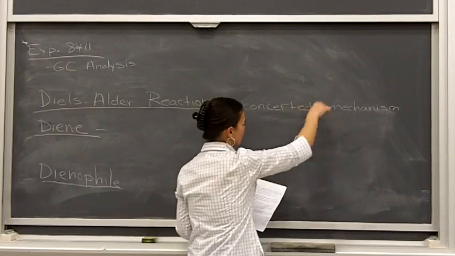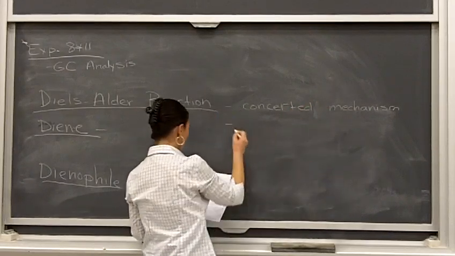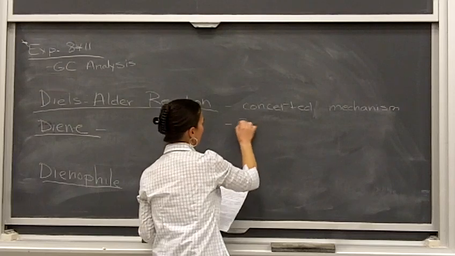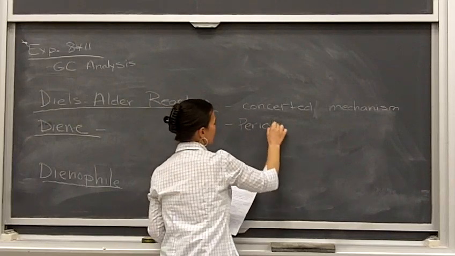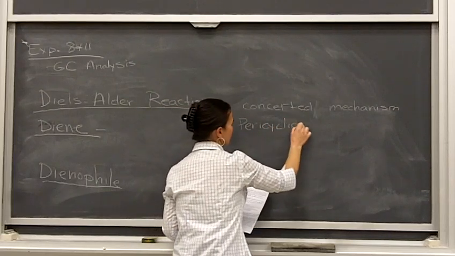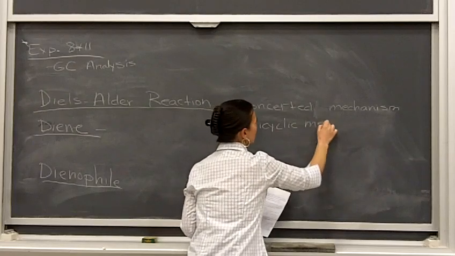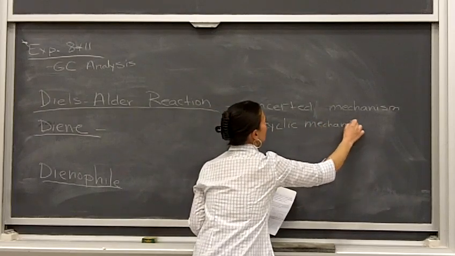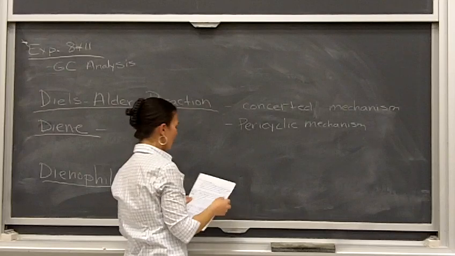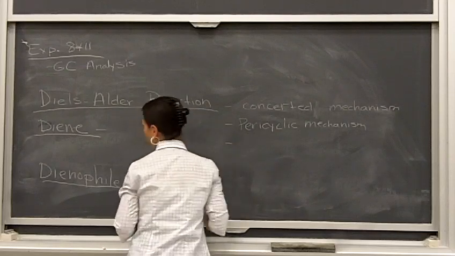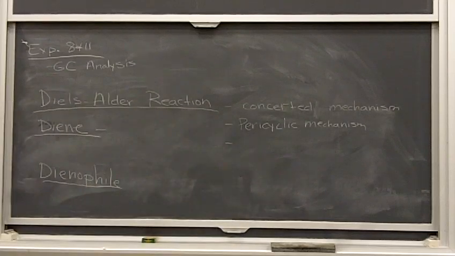It's cyclic redistribution of electrons. We've got a pericyclic mechanism, so that brings in the fact that it's the cyclic transition state. We've got what's called a 4+2 cycloaddition. So our 4, 1, 2, 3, 4, plus 2 cycloaddition.